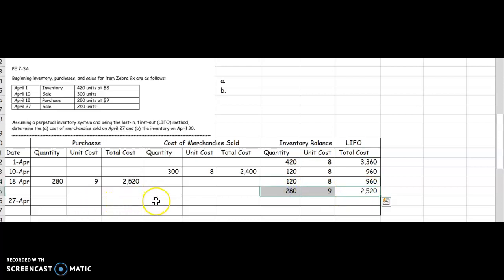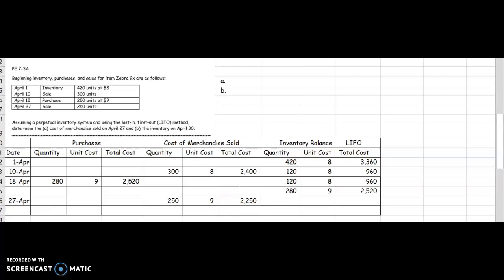The answer is yes. So I can sell all of the 250 out of the $9 unit cost. So I'm going to put 250 at $9, for a price of $2,250. So my cost of merchandise sold is $2,250.